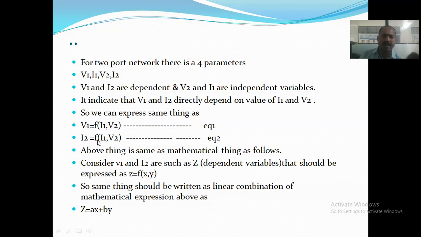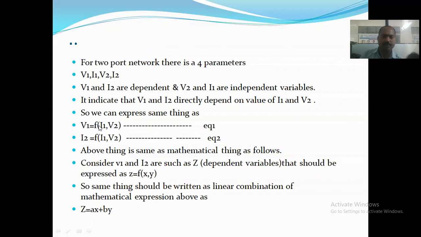Here I1 is the variable for X and V2 is the variable for Y, right? So it is nothing but Z equal to a function of X comma Y, right?